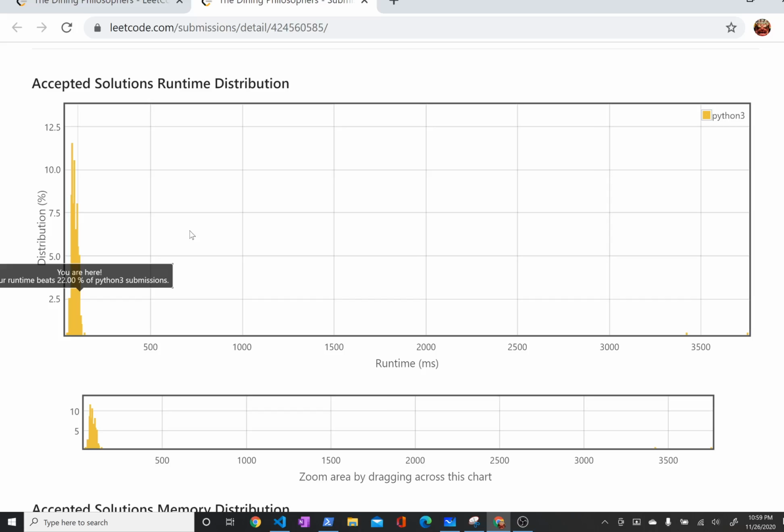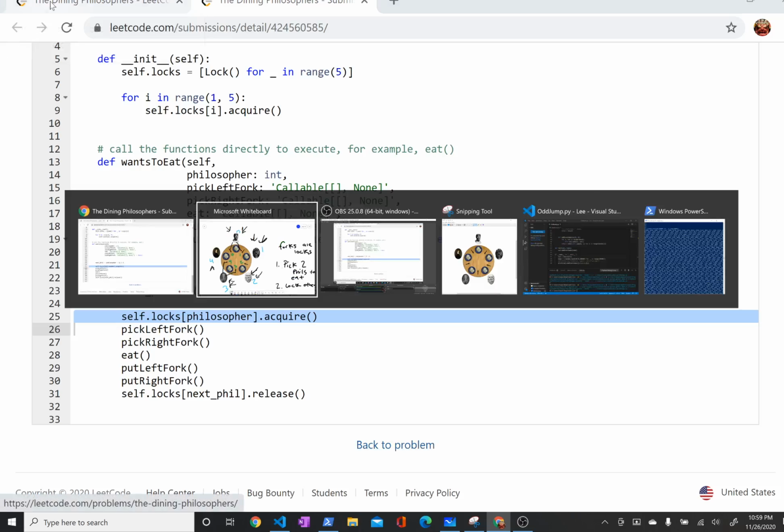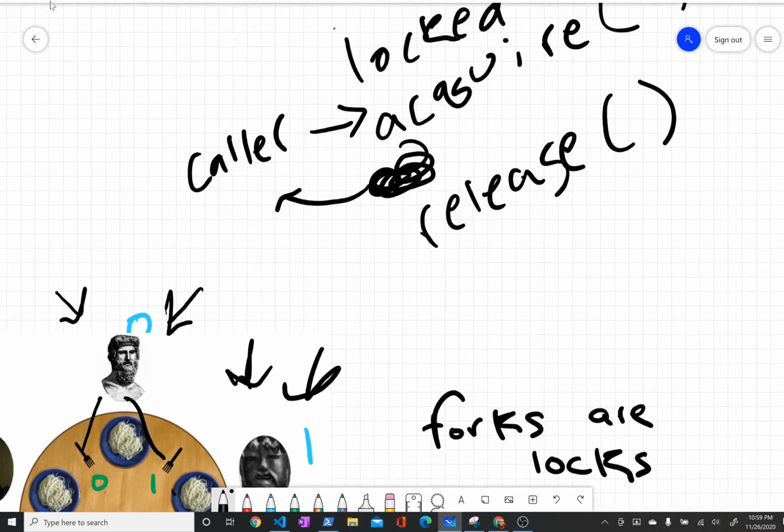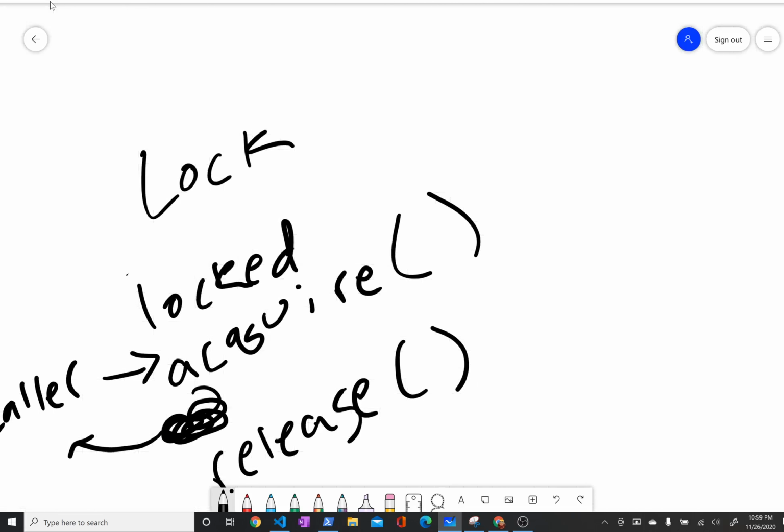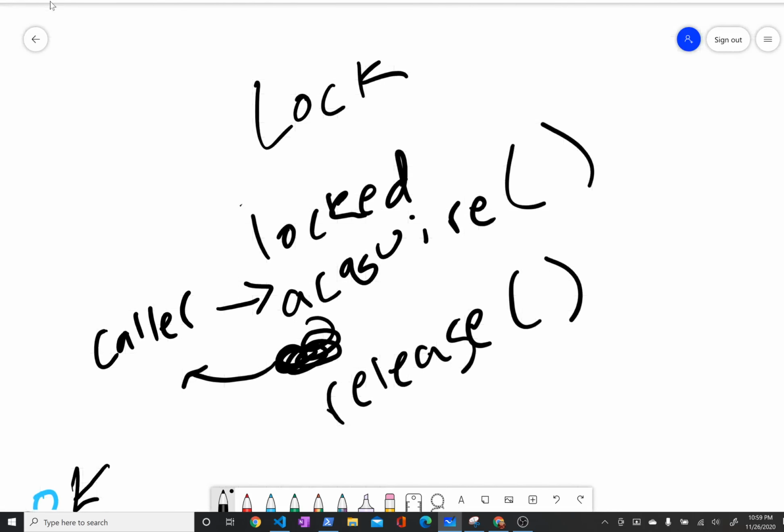One problem with locks is the idea of deadlocks. So what I was saying with acquire a second ago, you can imagine if 2 philosophers try to acquire a locked lock, it's never going to return for them. Or if nobody is going to release your lock, you're just going to wait forever.